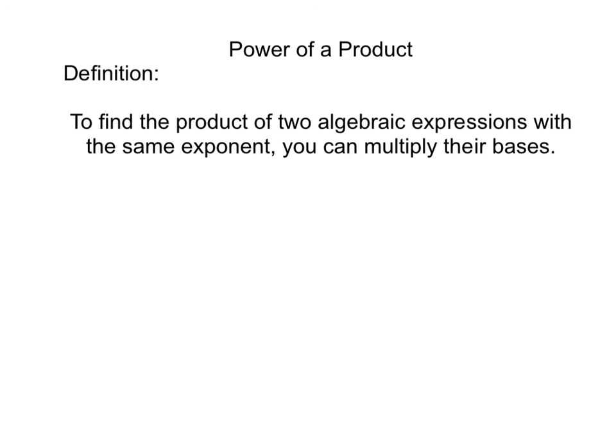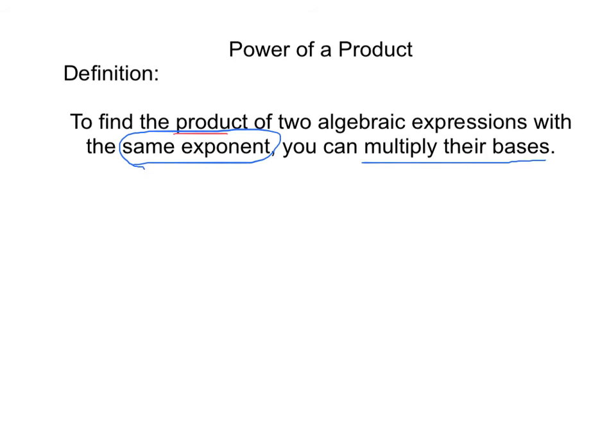So the definition of the power of a product, let's write this out. To find the product of two algebraic expressions with the same exponent. This is the first time we've seen anything about what to do if we see the same exponent. But if we see the same exponent with a product, we are going to be able to multiply their bases.